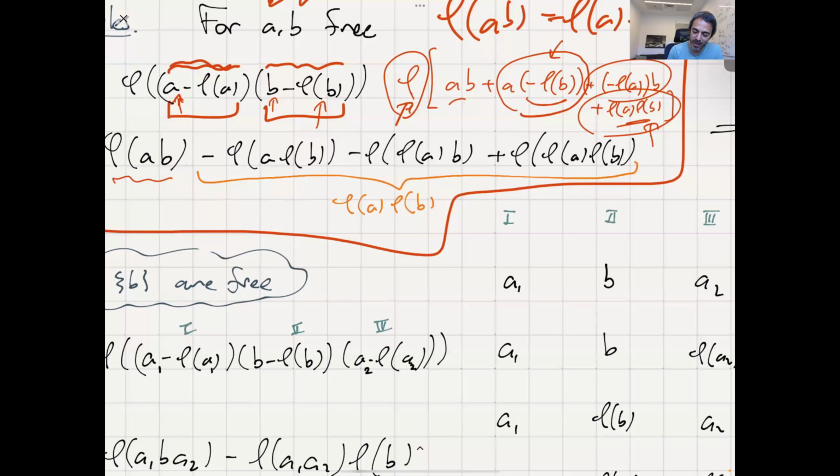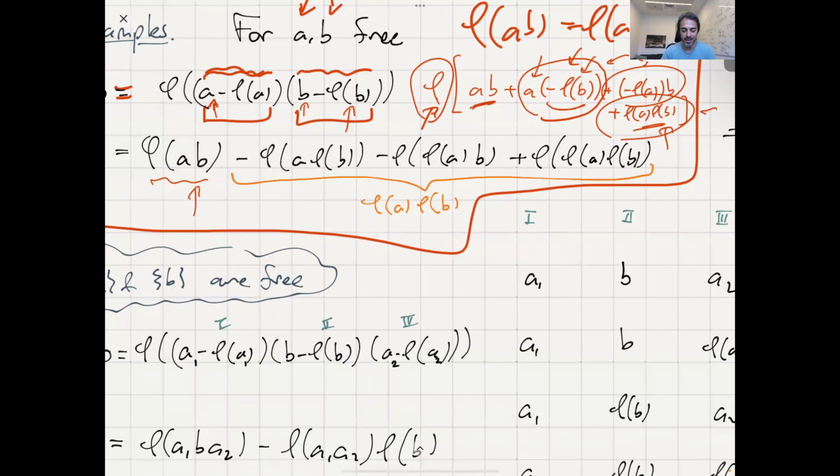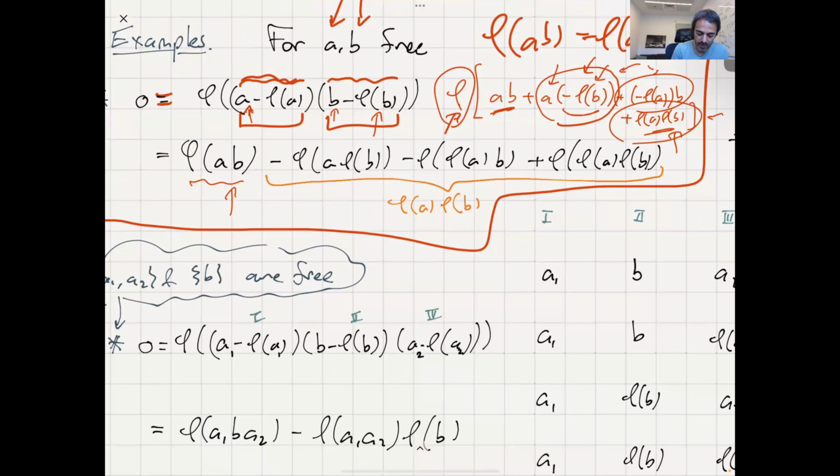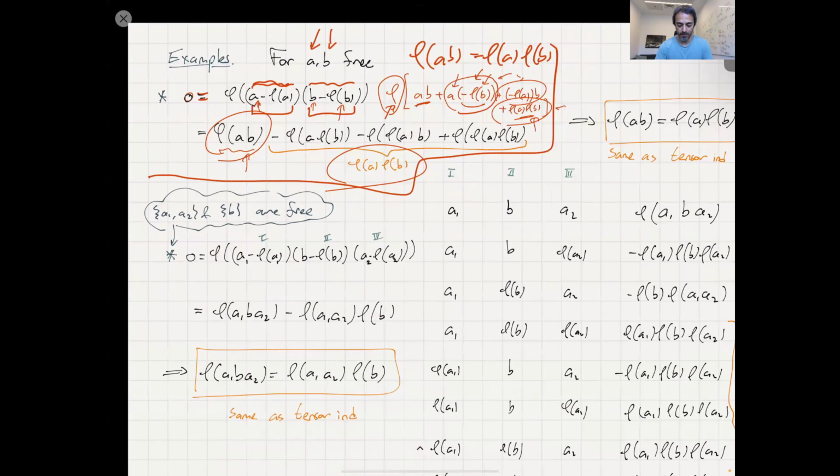Here it's a phi of a number times an element, but the number slides outside, so eventually you get the same answer. Anyhow, you get the phi of AB that you cared about, and then you get the same expression three times, twice with a minus, once with a plus. So you end up with one minus. So you get that 0 is phi of AB minus phi of A, phi of B. And so phi of AB is phi of A, phi of B.